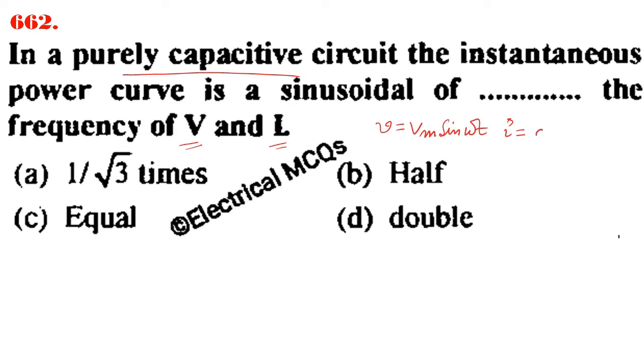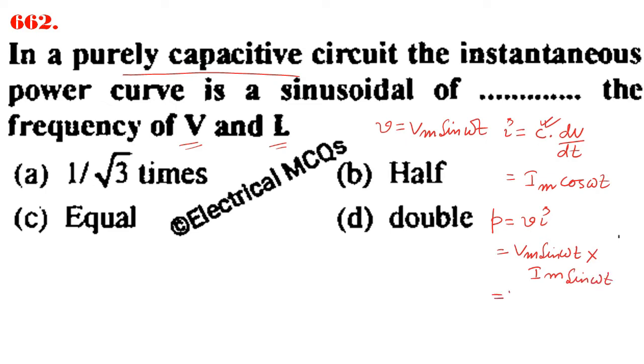I will be equal to C dV/dt, where C is the capacitance of the capacitor, which will lead to the expression Im cos omega t. Now the instantaneous power P is equal to V into I. So we can write Vm sin omega t into Im cos omega t.